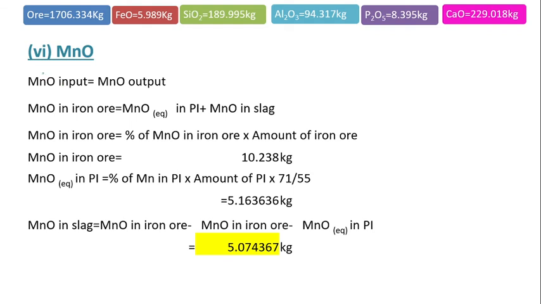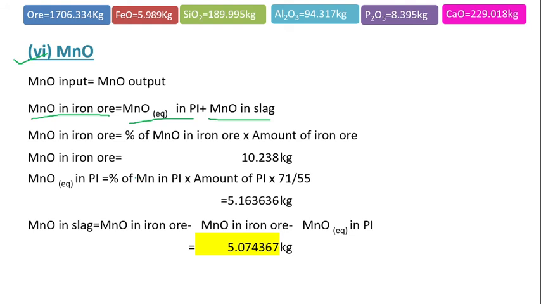Then another oxide, that is MnO, which is very unstable in the reducing atmosphere, but it comes from the iron ore. Generally it comes from the iron ore, and it can join the metal phase to some extent, that is about 0.4% in the metal and the rest in the slag phase. So MnO input from the ore will be MnO in the slag and Mn in pig iron, metallic manganese in the pig iron.